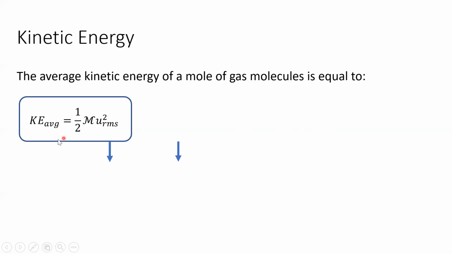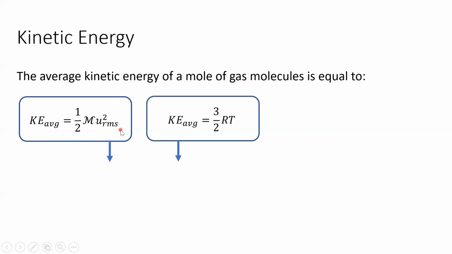So here we have the average kinetic energy equals 1/2 mv squared. Okay, this is our root mean square velocity. And the kinetic energy average for the molecules in a sample equals 3/2 RT.